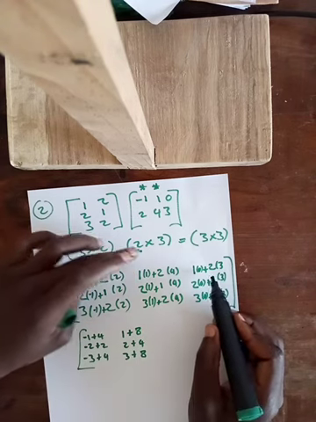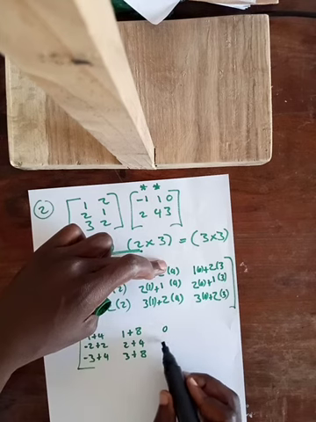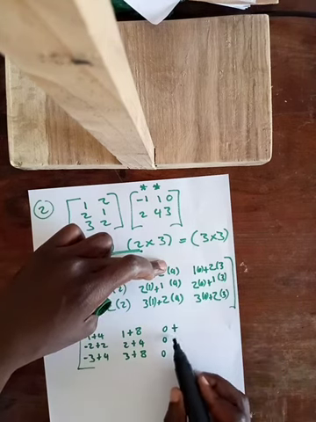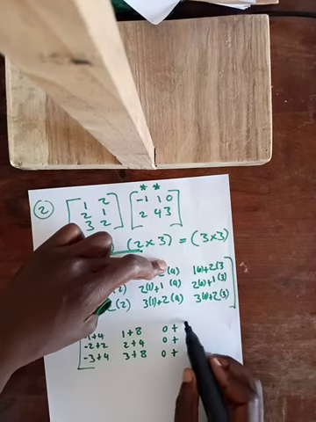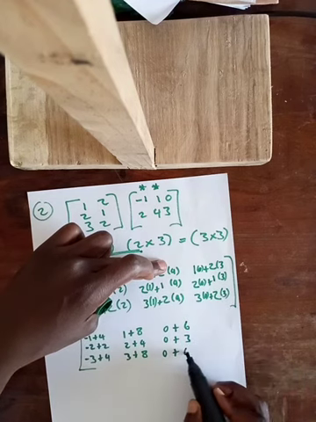Okay, then you come here, these are zeros, so this will disappear. So you have just 0 0 0, because all the entries here are 0, then plus plus plus. Here you have a 6, here you have a 3, here you have another 6 there.